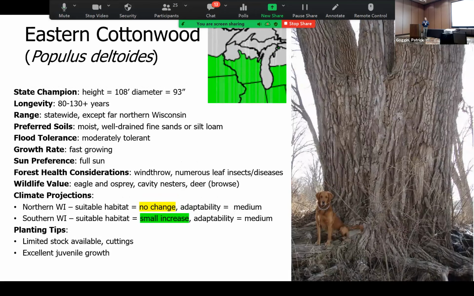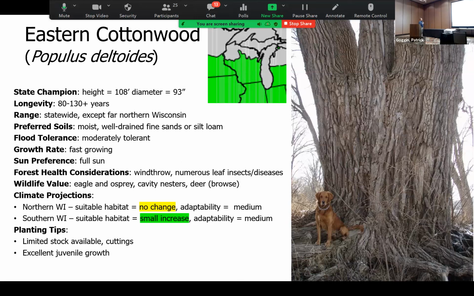Another species you probably don't want to plant in your yard next to your house is eastern cottonwood, but from a floodplain forest situation, this is an excellent tree. From a wildlife perspective, it produces large diameters, large structures, oftentimes cavities that wood ducks, for example, live in.